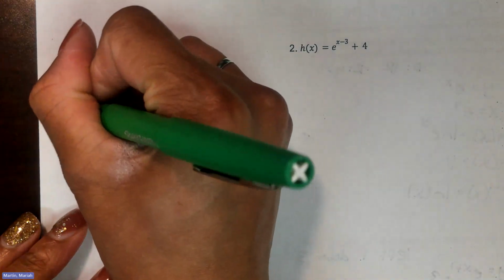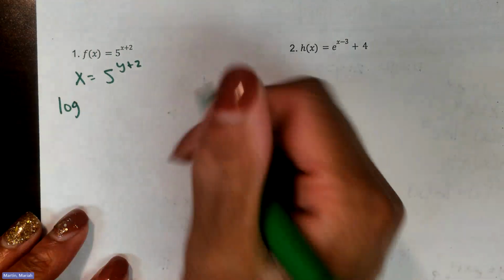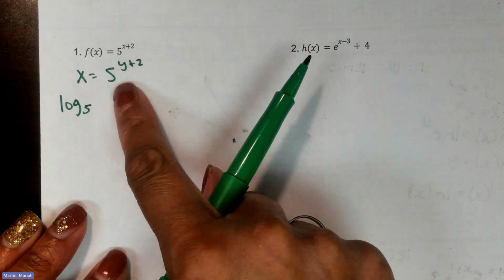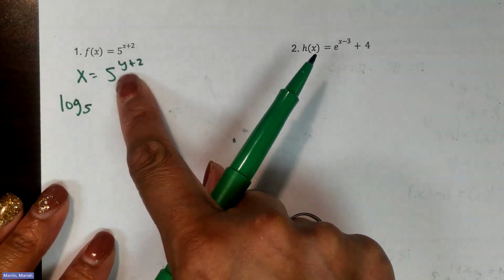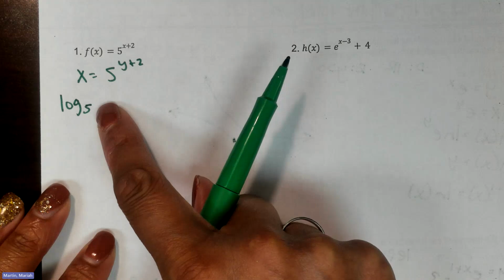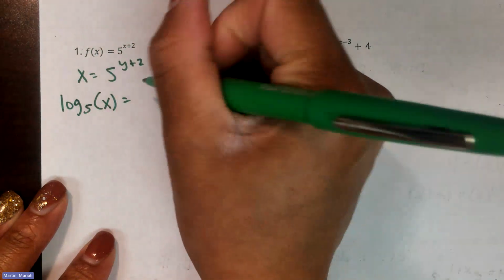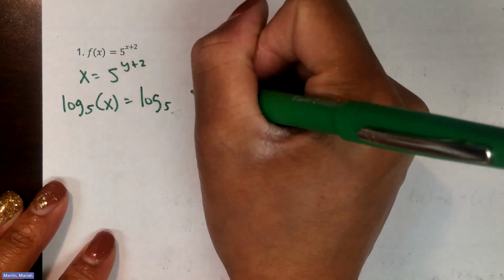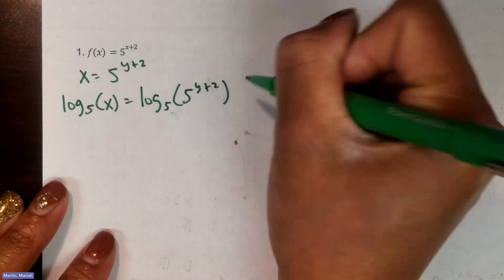So this would become log base 5, because this is the base. Okay, so if it's big 5, it's now little 5. And then we have x equals log base 5 of 5 to the y + 2.